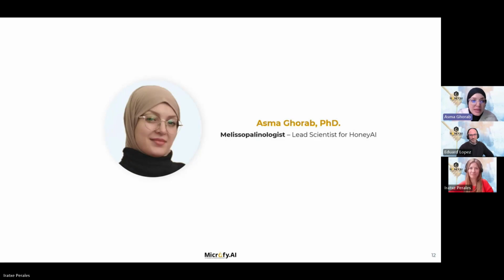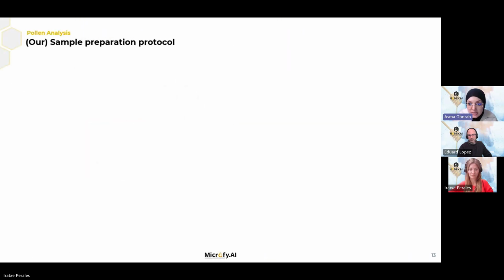Okay. So my name is Asma, as Erachi already introduced me. I'm the person responsible for the melissopalynology section and the creation of the pollen dataset. So I'll briefly explain how the sample is prepared. It's a very simple protocol. It requires only basic materials. Anyone can do it. It's not necessary to be an expert.